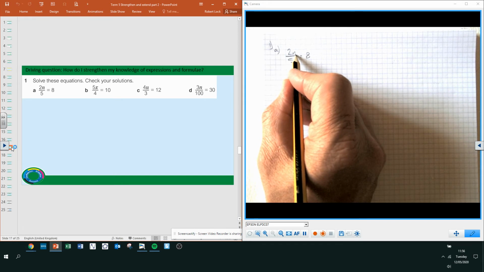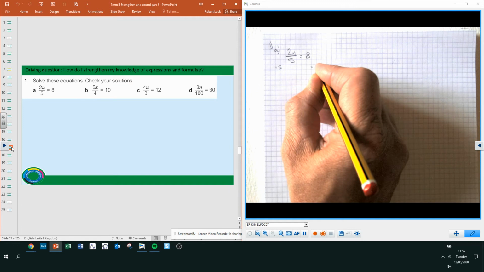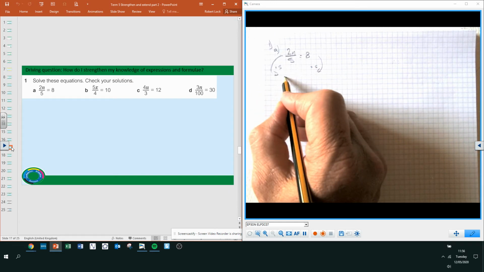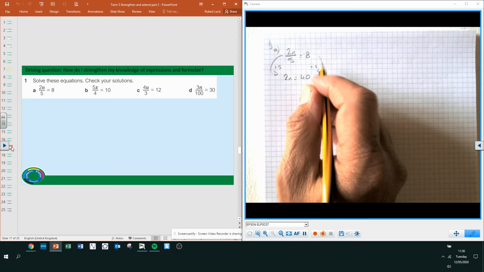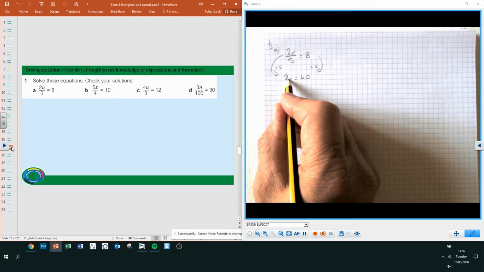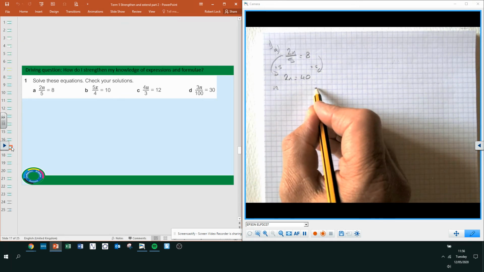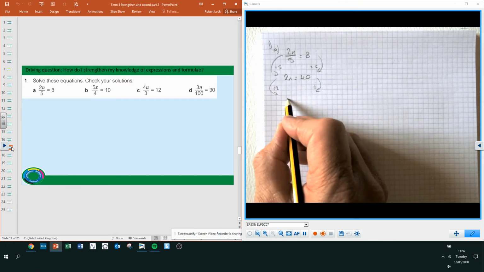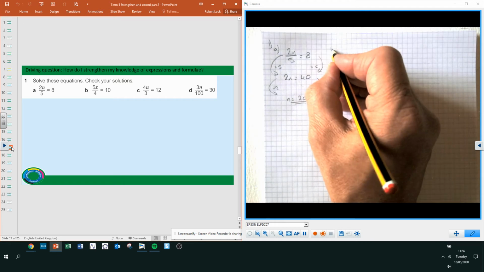The opposite or inverse to divide is times, so we times both sides by 5. We times both sides by the same amount. So we end up with 2n equals 8 times 5, which is 40. To find what n is on its own, we divide both sides by 2. N equals 20.